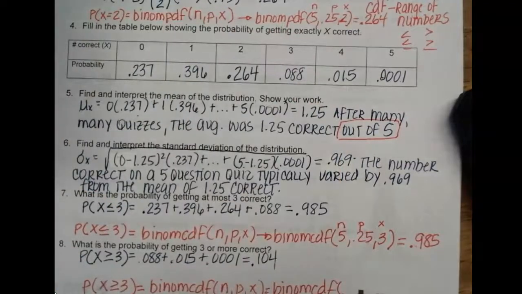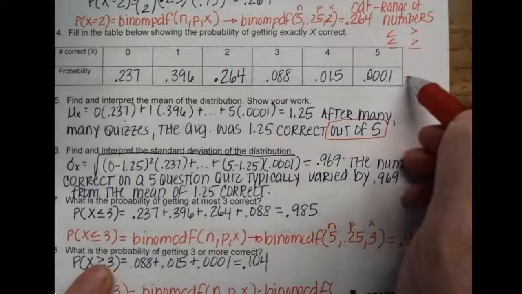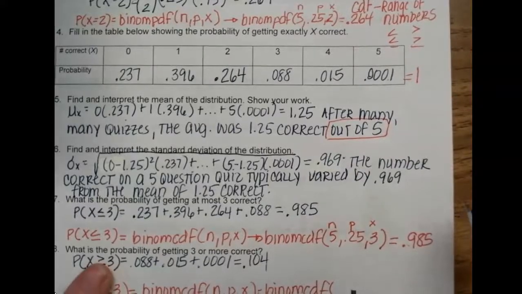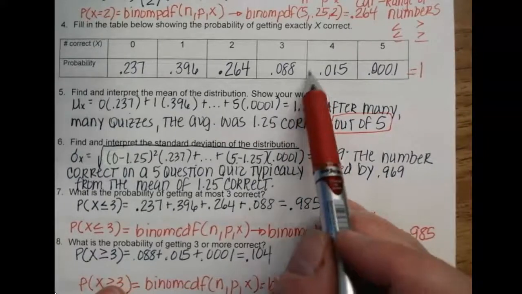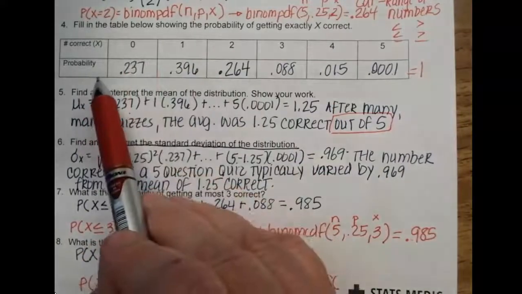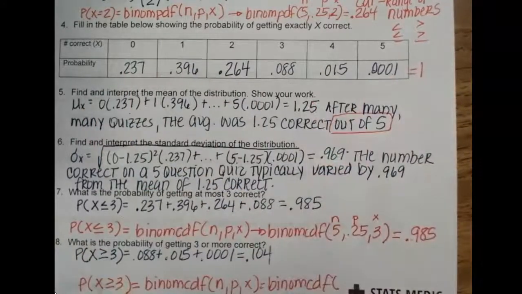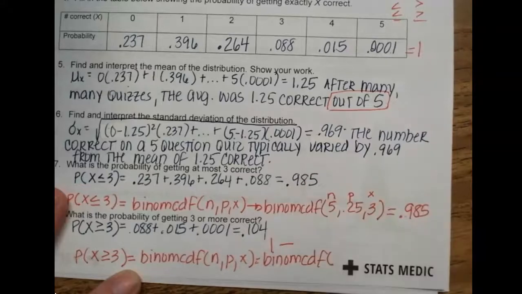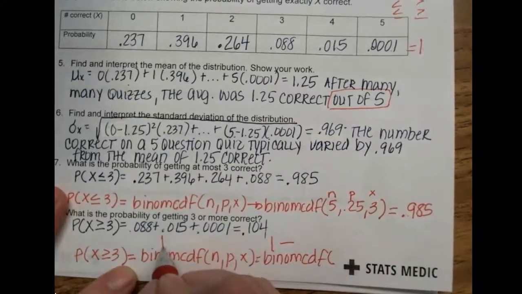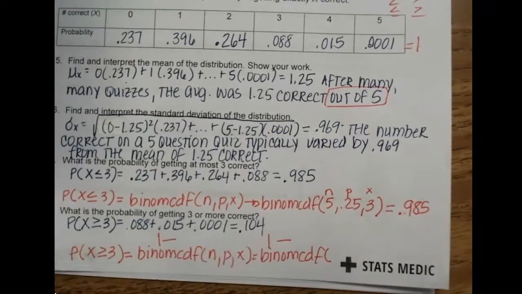But I'm hoping you're realizing this equals 1, just like all good probabilities. So if I take 1 minus the lower section that the CDF will give me, it will tell me what's left over for the upper section. So I'm actually going to write 1 minus binomial CDF.